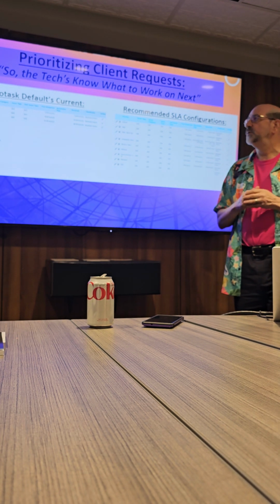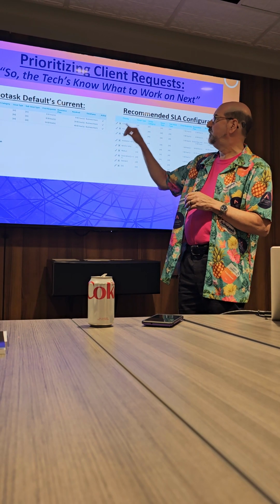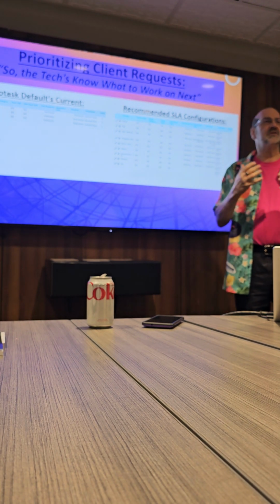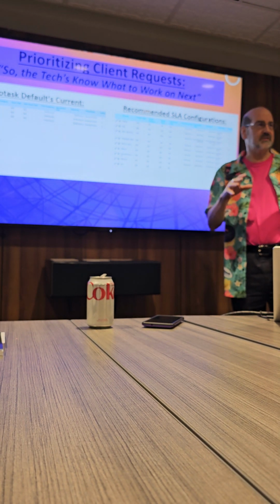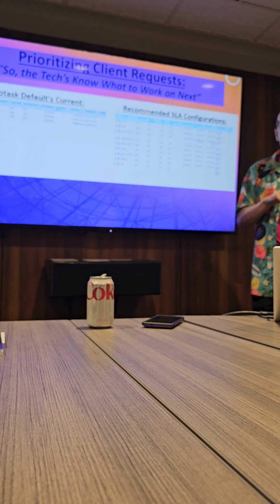So what we've been doing, and started doing this in 2015, is repurposing the SLA automation to prioritize all the tickets. They're in Autotask, and there is one in ConnectWise. I just don't remember the name of the field. It's called Next SLA Event Due.